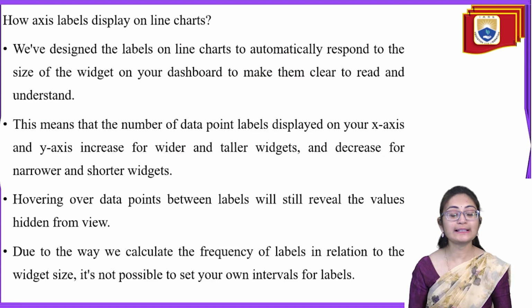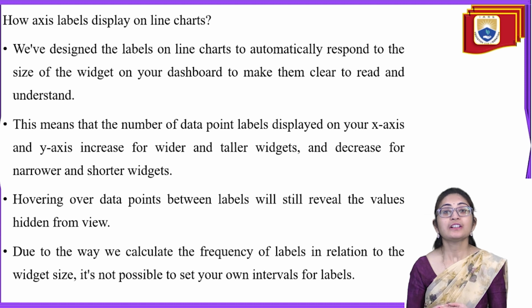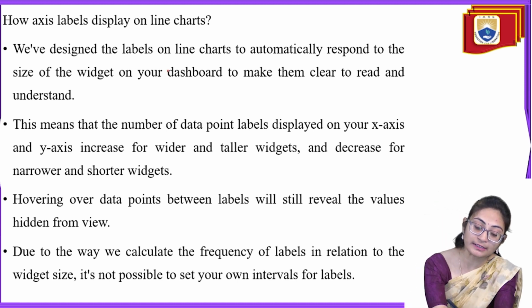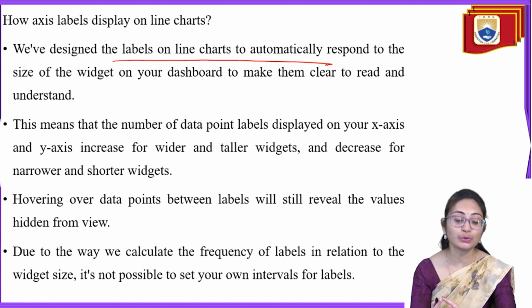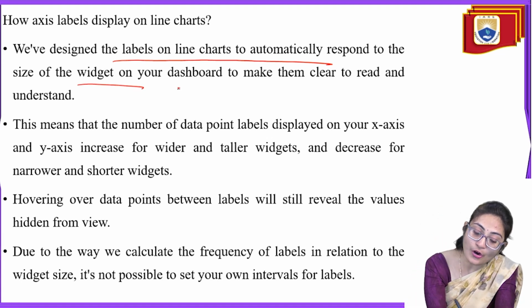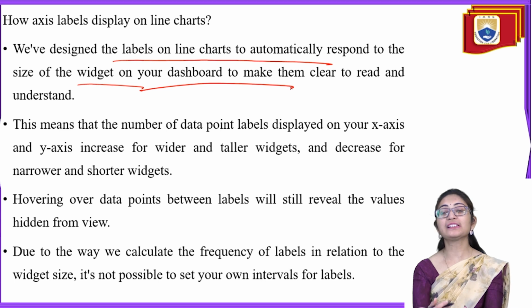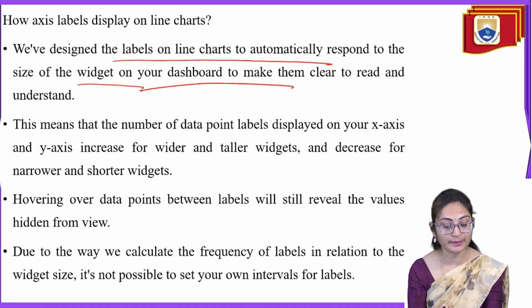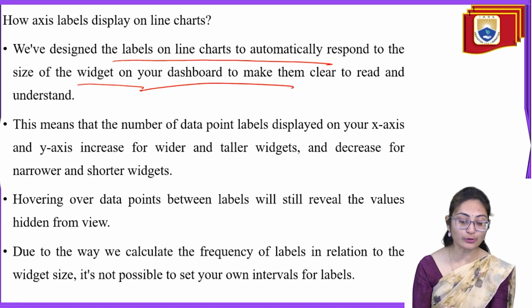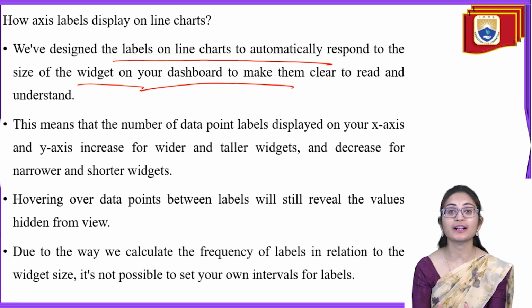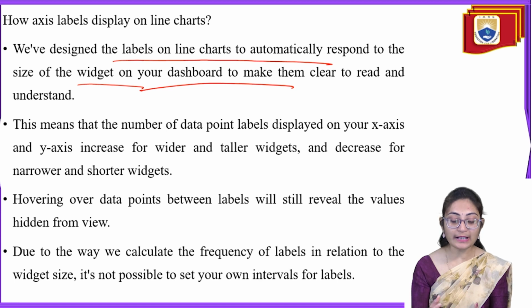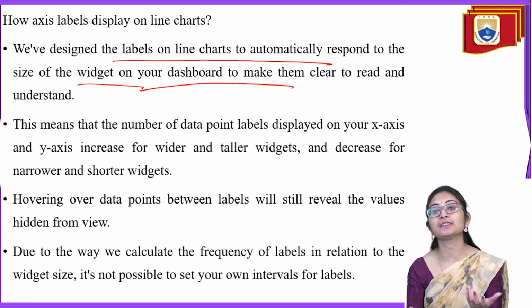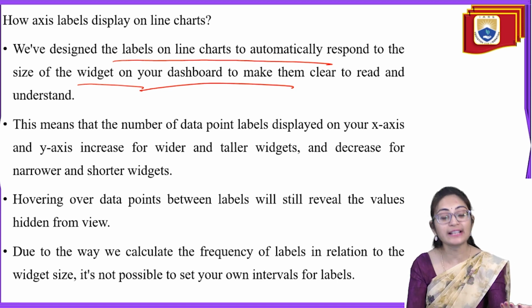So how do axis labels display on the line chart? Generally, we have designed the labels on the line charts to automatically respond to the size of the widget on your dashboard to make them clear to read and understand. So definitely when you are using the line chart, it responds to the user and makes the data very clear to read and understand.